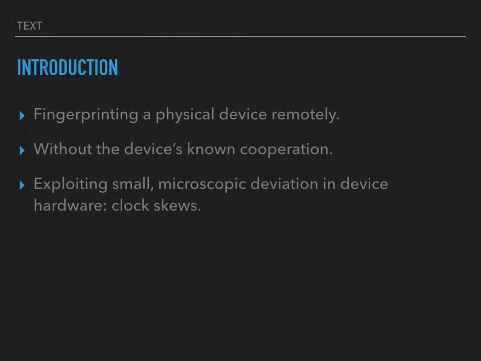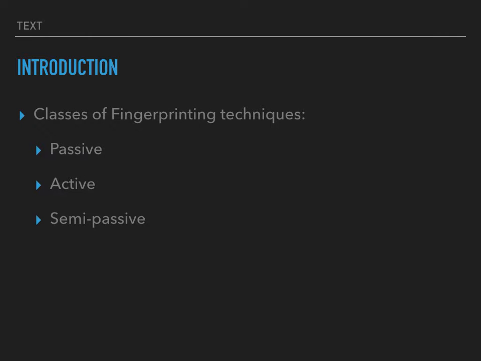And there are two roles in this game. The first one is called the fingerprinter, which is a measurer or the attacker or the adversary. And the second one is called the fingerprintee. There are three classes of fingerprinting techniques. For the passive technique, the fingerprinter must be able to observe the traffic from the device.